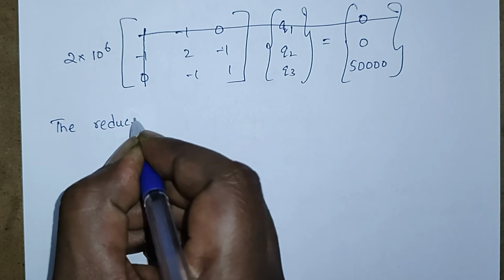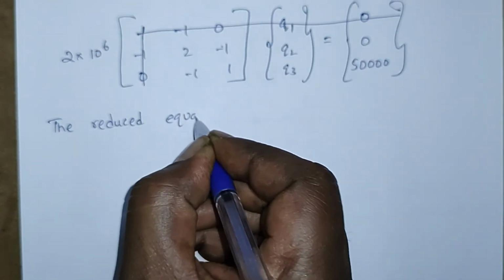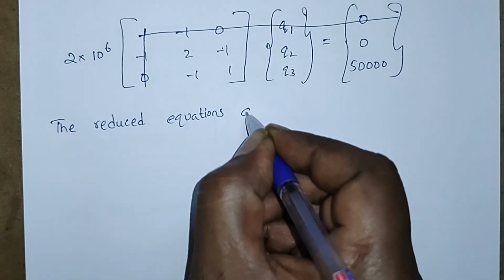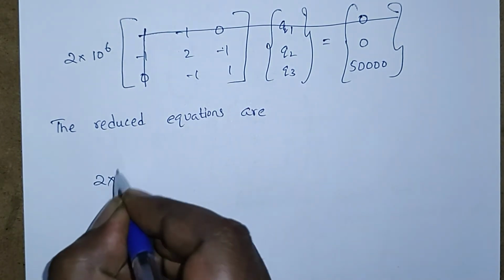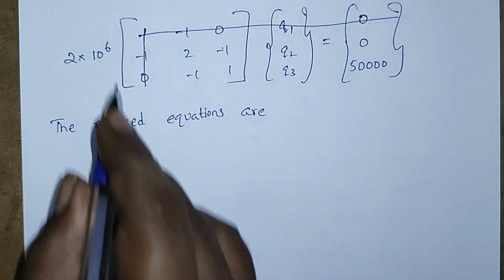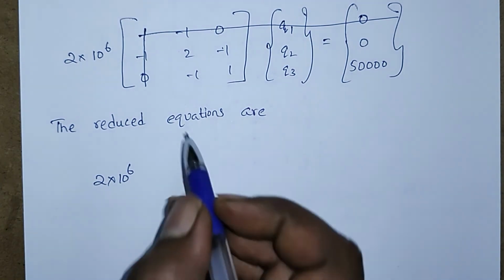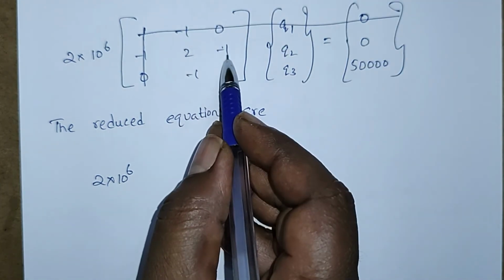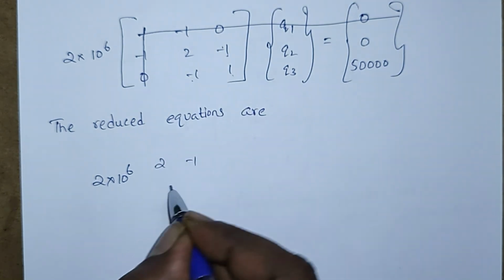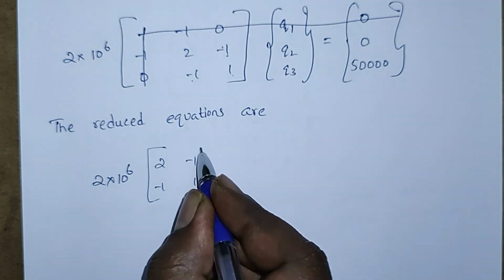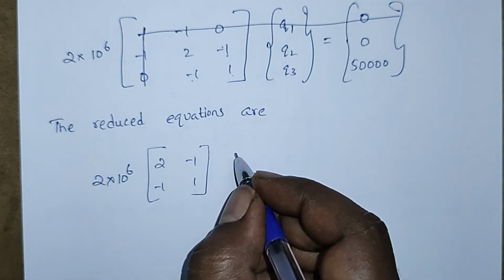So the reduced equations are whatever is leftover in this matrix: 2 into 10 to the power 6 times [2, -1; -1, 1].